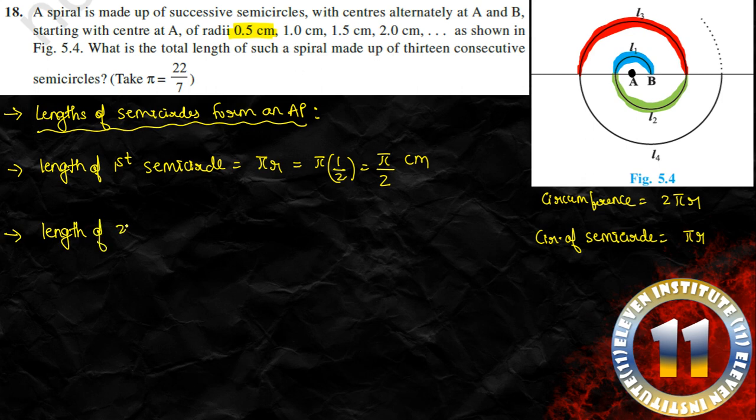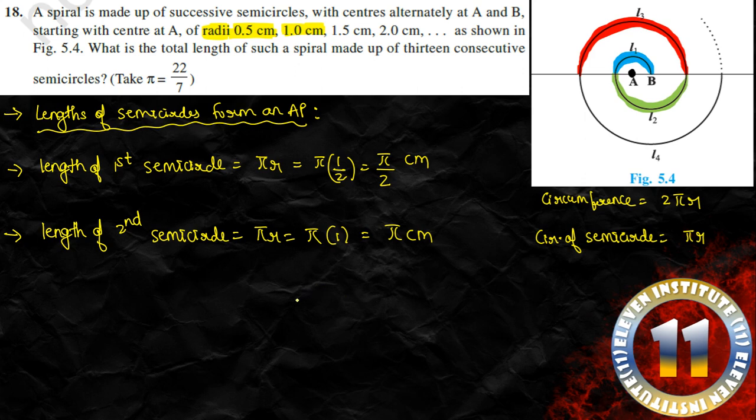Similarly, we will find the length of the second semicircle. The formula is again pi r. Pi will remain as it is, but what is the next radius? The next radius is 1 centimeter. So instead of r we write 1, and pi into 1 gives pi centimeters.